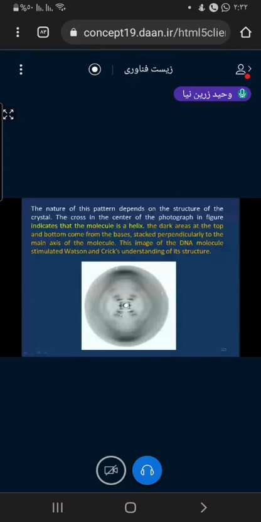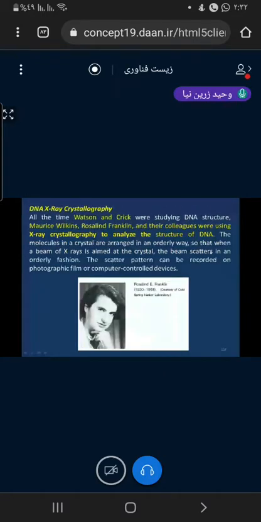The dark areas at the top and bottom come from the stacked bases perpendicular to the main axis of the molecule. The study of the DNA molecule stimulated Watson and Crick's understanding of its structure. Therefore, please write this section in your paper.